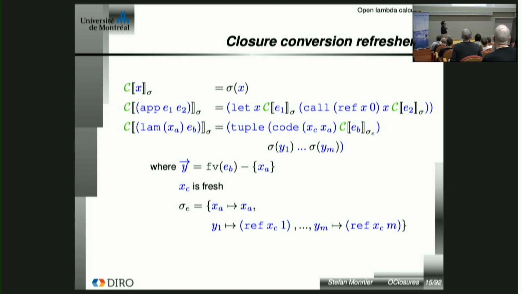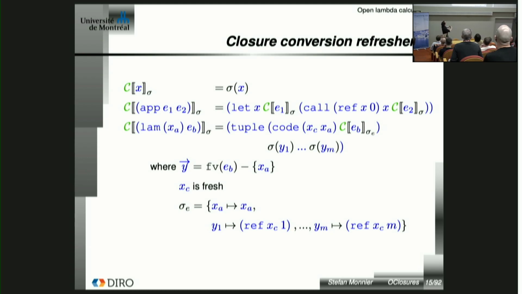The second part is how you do the actual creation of those tuples. So when you compile a lambda, you have to look at what the free variables of this lambda are. This is what the fv call does. So you look at the free variables of the body eb, from which you have to eliminate, of course, the argument xa. And those free variables turn into the things you want to capture.